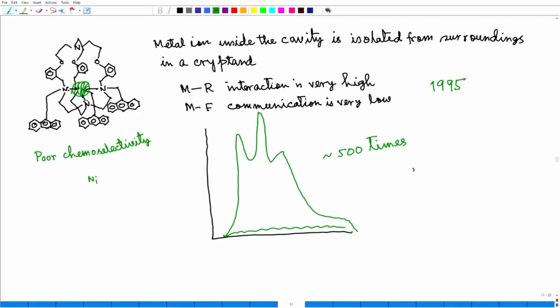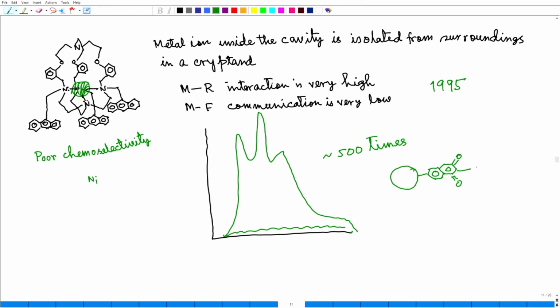Another technique I will just show as a cartoon. You take a metal receptor here and make it very rigid. How can you make it rigid? Maybe you can use all aromatic groups to make it rigid. Aromatic and some, whatever, I am making it all up.